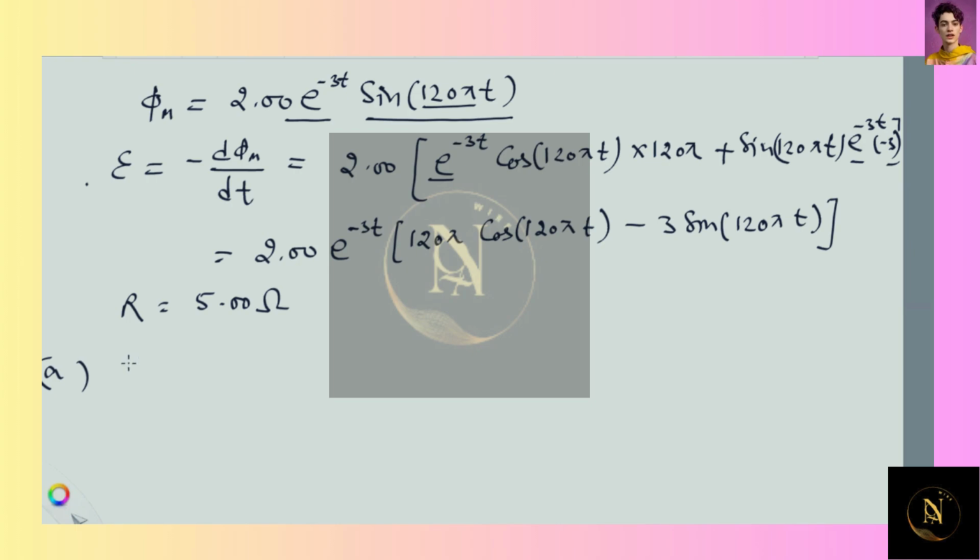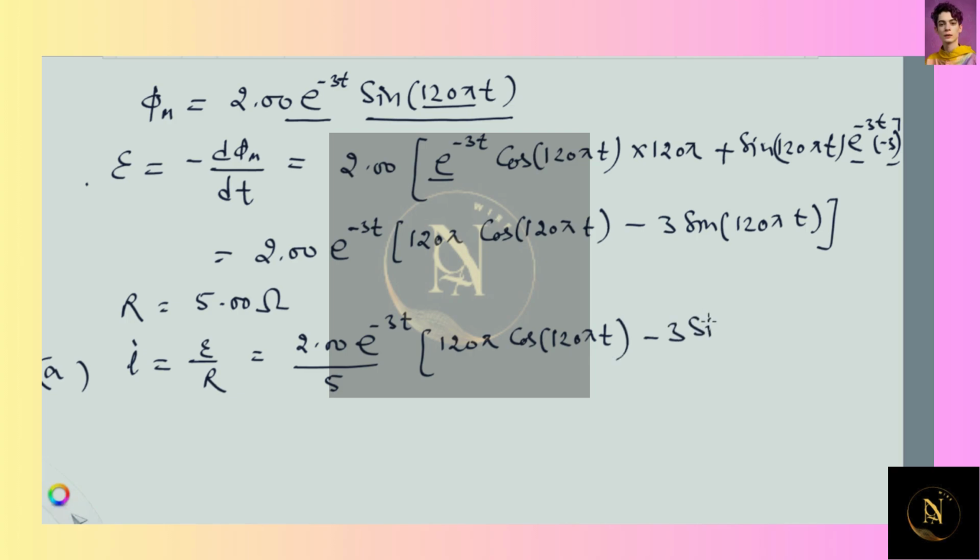First of all, we will obtain an expression for the current using Ohm's law. This will be given as epsilon by R. So here it becomes 2.00 e raised to the power minus 3t divided by 5, bracket 120 pi cos 120 pi t minus 3 sine 120 pi t.